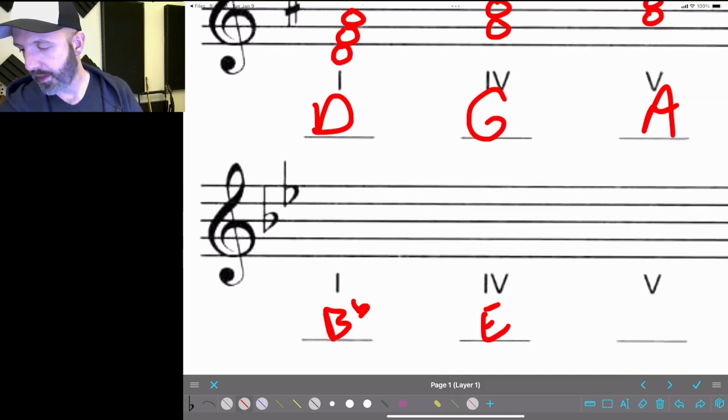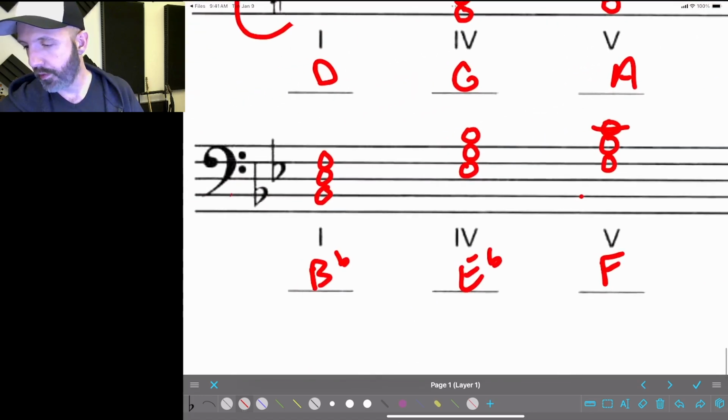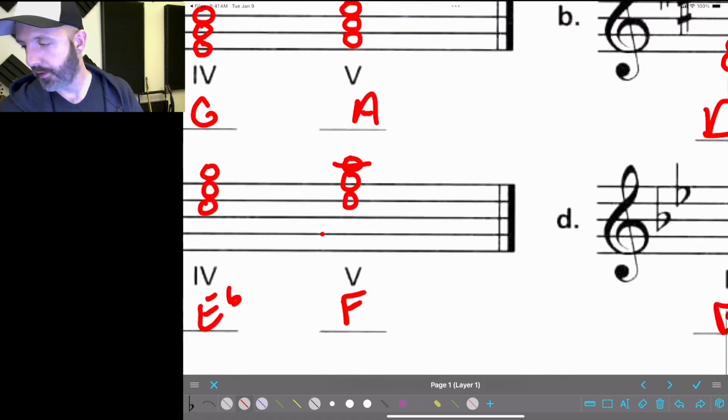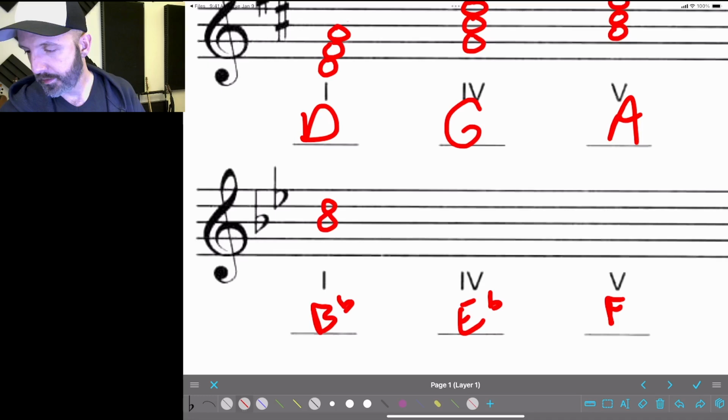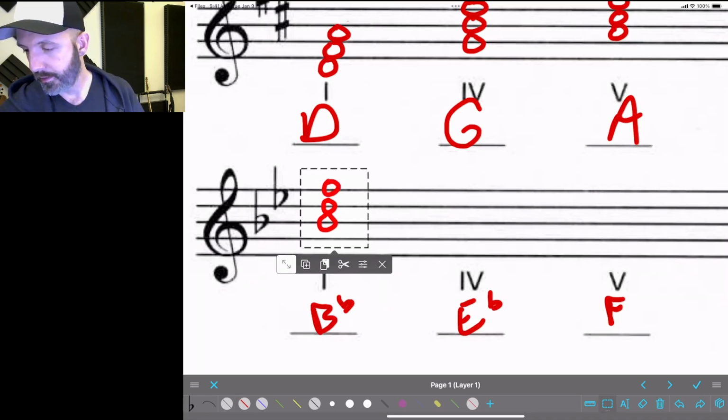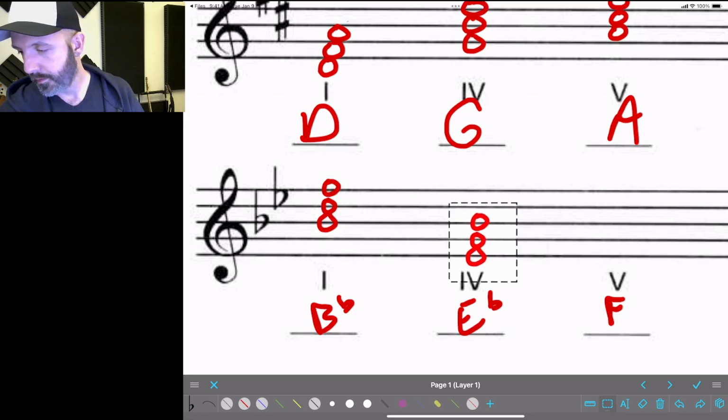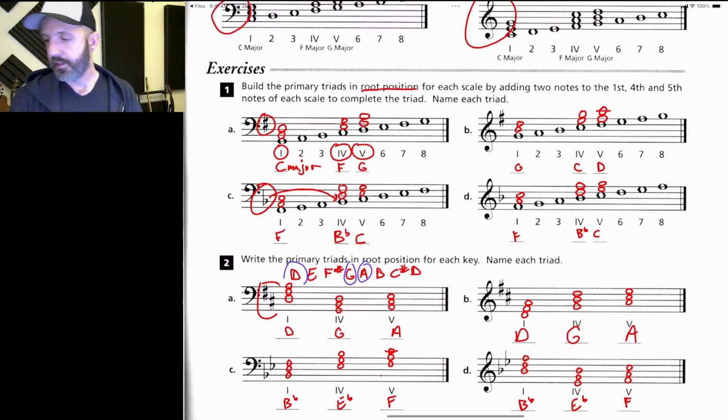B flat, E flat, F. Did I do this right? Ooh, yes, I did. Okay, great. B flat, D, F. All right, I'm going to cheat here. All right. So that's this page.